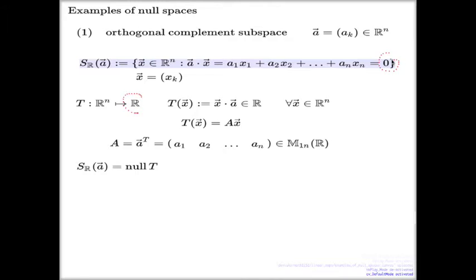And this slide and the previous slide today give you an alternative proof that the orthogonal complement subspaces are true subspaces. Not directly, as we did the first time we met the subspaces, but now through the null spaces.